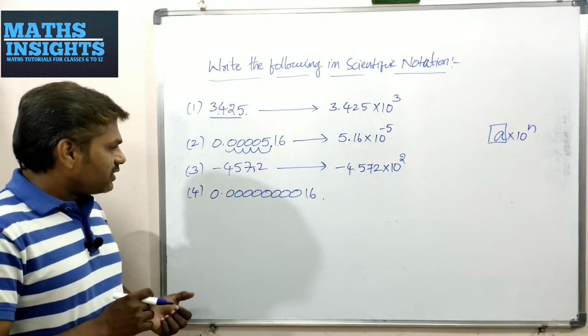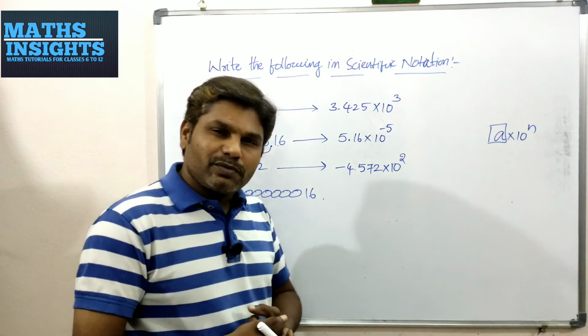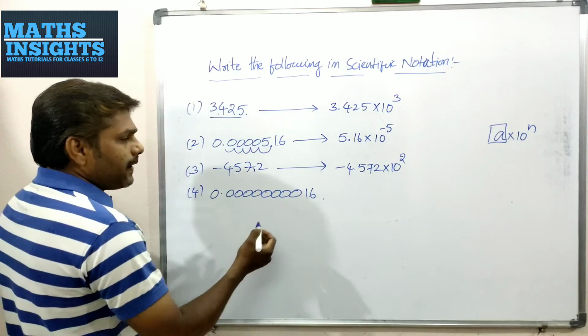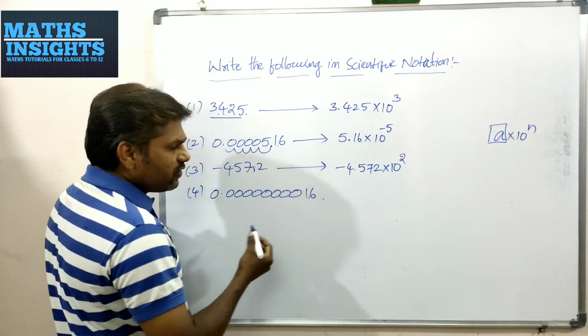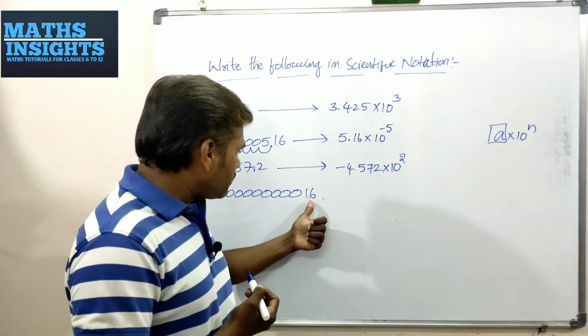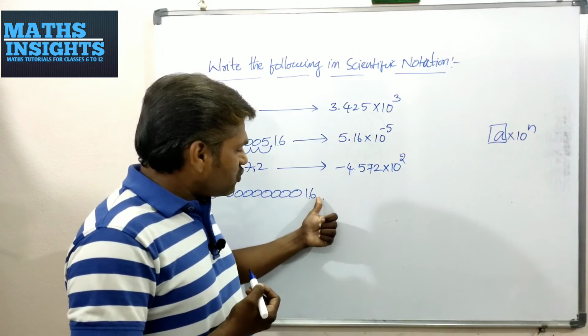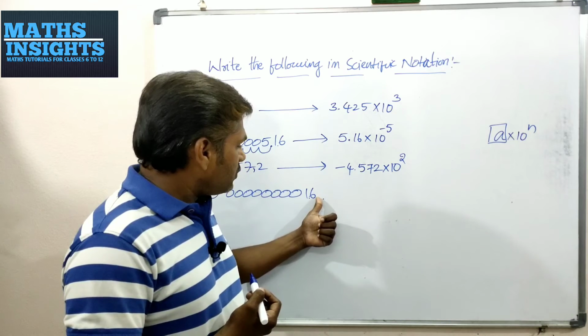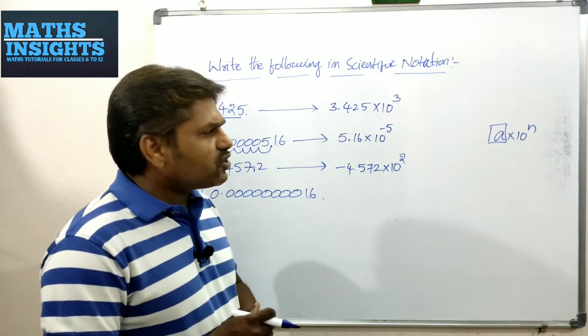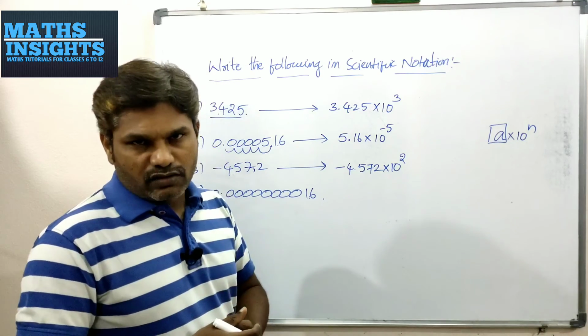The last one, see, it contains more number of zeros. That's why scientific notation is very useful. I will write the point here. I will not write the point here. I want to move this decimal point to here, and it should not be here. Why? Because if you move the decimal point up to this, it will become 16, but it should not be more than 10 also.